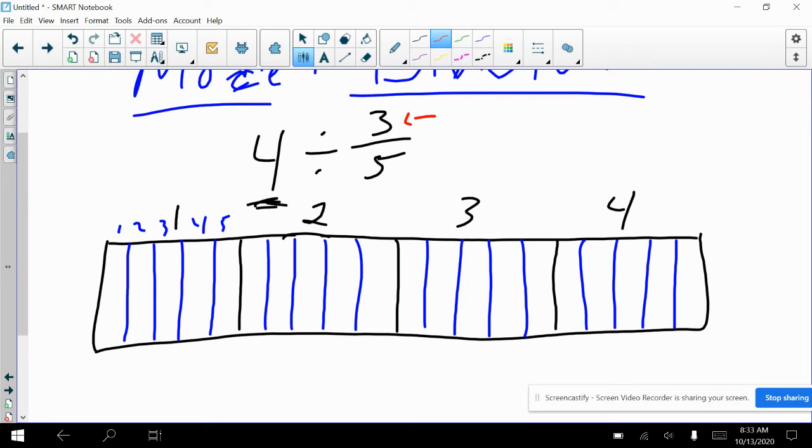So we're going to take 1, 2, 3, and we're going to link them together. We're going to group them together. So we take 1, 2, 3. We group them together. 1, 2, 3. We group them together. 1, 2, 3. We group them together.